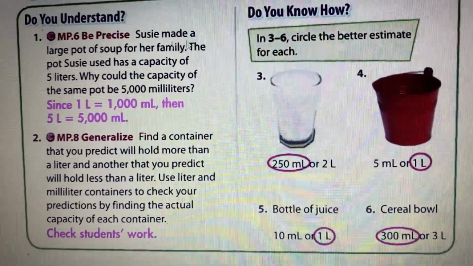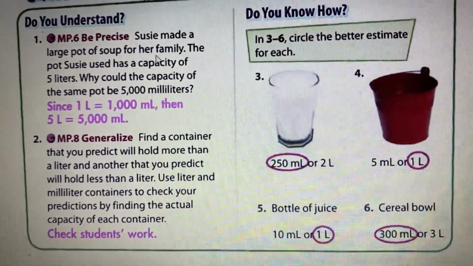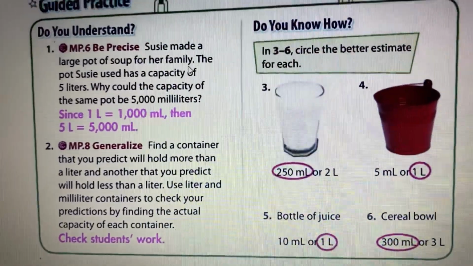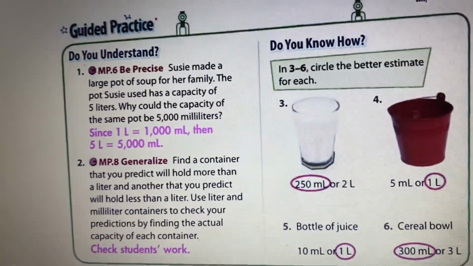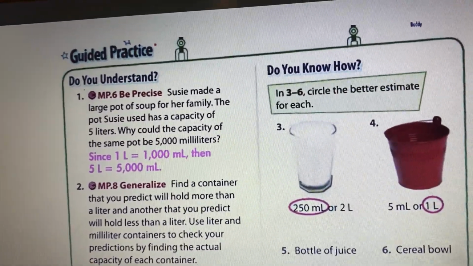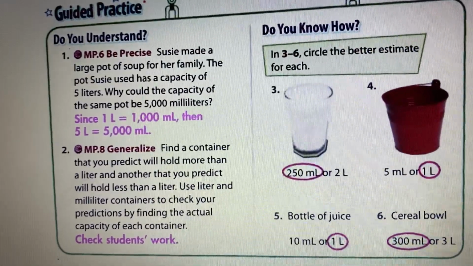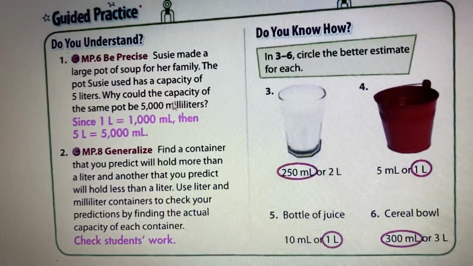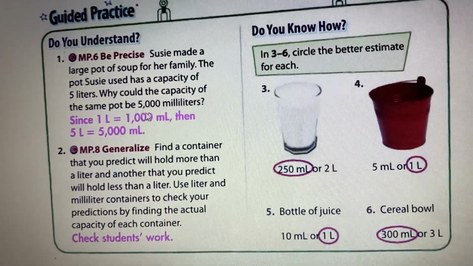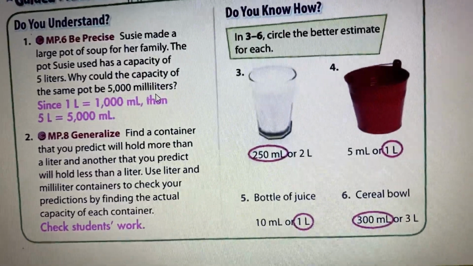Okay, look at these questions. Susie made a large pot of soup for her family. The pot Susie used has a capacity of 5 liters. Why could the capacity of the same pot be 5,000 milliliters?